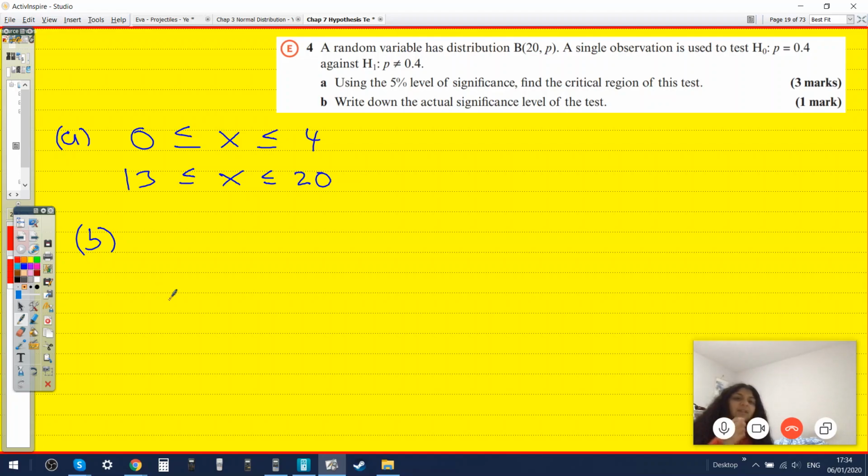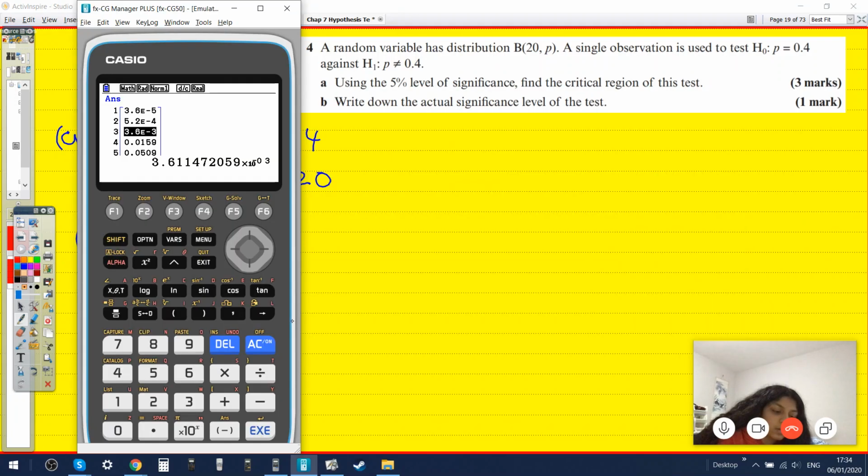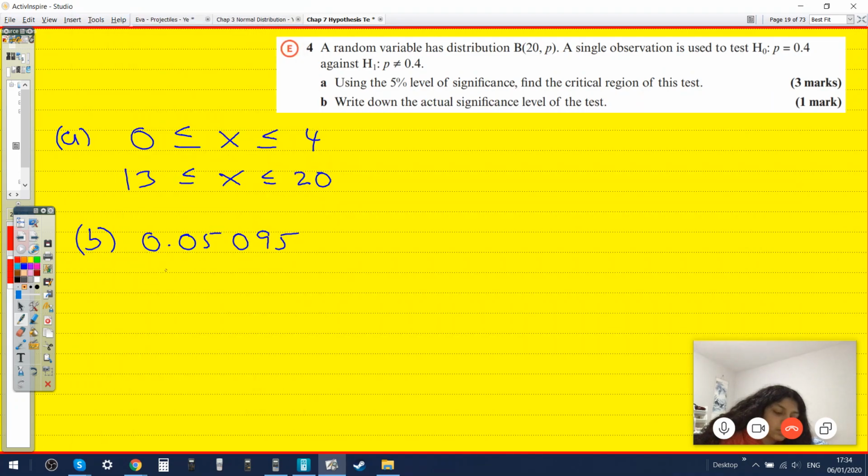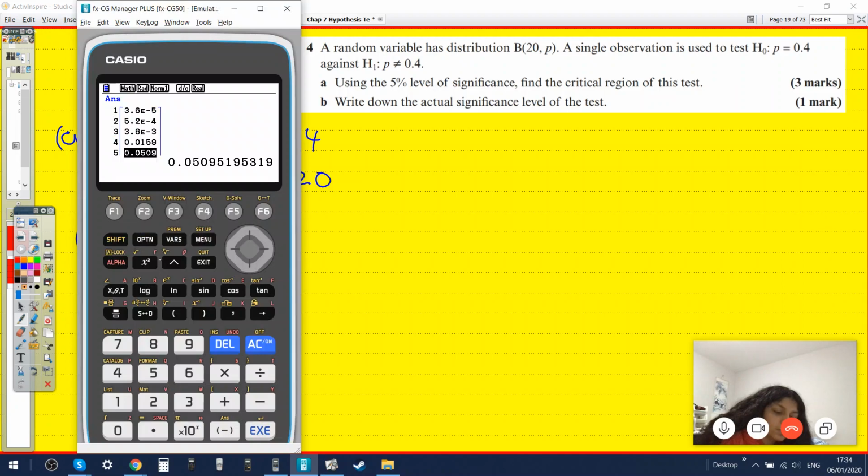Actual significance level. Okay, actual significance level. So X is less than 4 is 0.05095. And X is greater than 13, so you do 1 minus whatever that is.